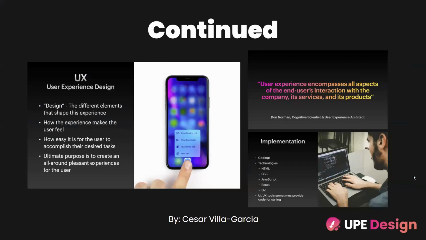And finally, this is another example done by Cesar Villa Garcia, who is part of the e-board as well. As you can see, the pictures, once again, are a very good example of pictures that you can add in your slides.